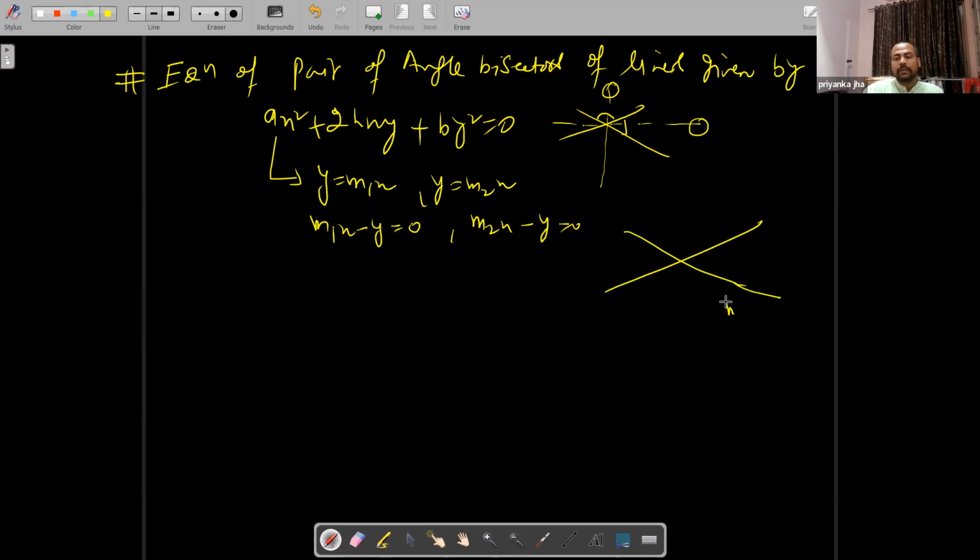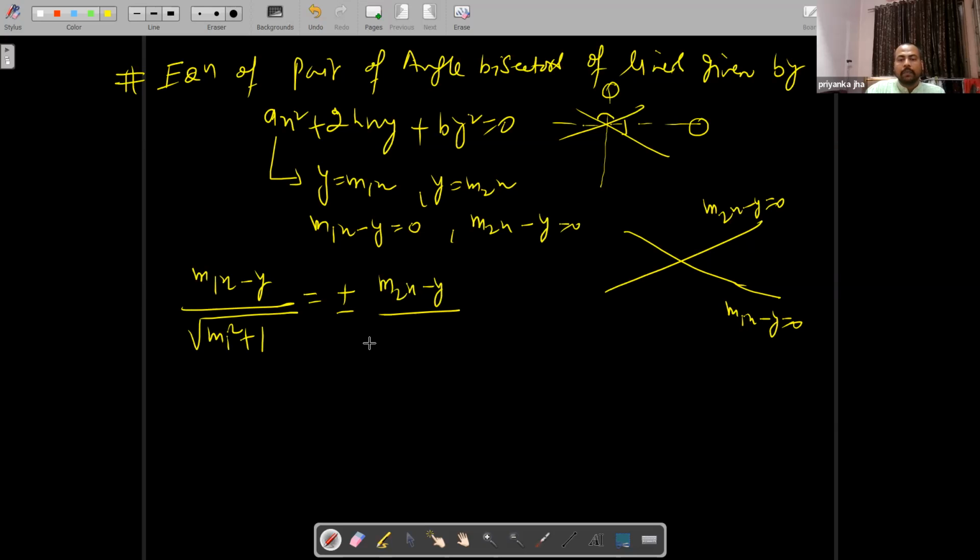If you are given the equation of lines, how do you find the equation of angle bisectors? That is, first line upon under root a square plus b square equal to plus minus second line upon under root a square plus b square. I hope you remember.